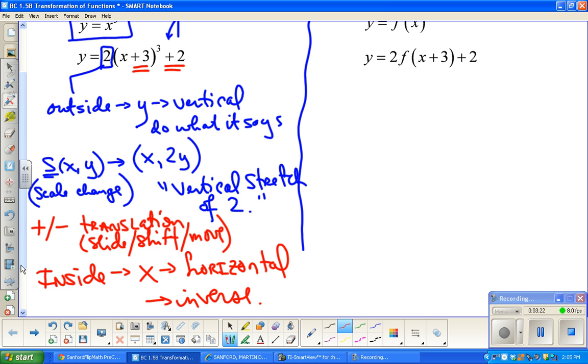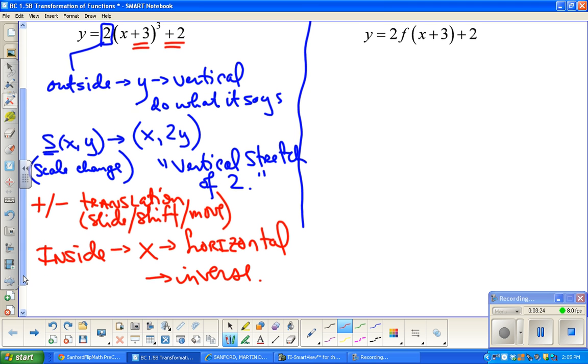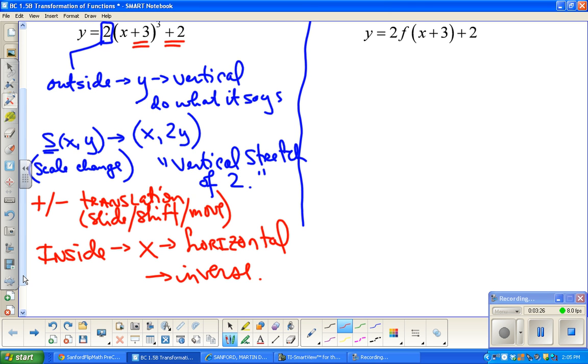Inside, inverse. So as we look at that plus 3, this is about addition and subtraction. So this is a translation which maps all of the x, y's onto, well, the inverse of x plus 3 would be x minus 3. The inverse of addition is subtraction. So inside, inverse.